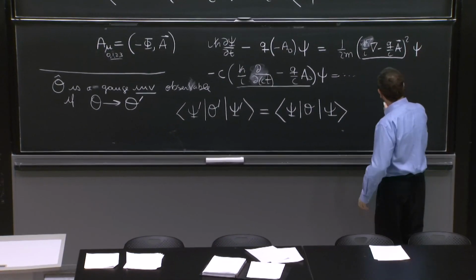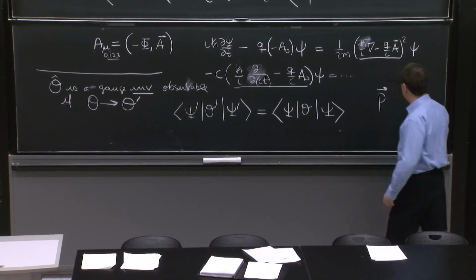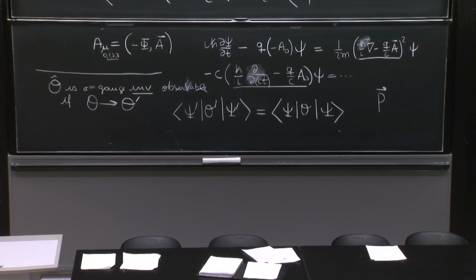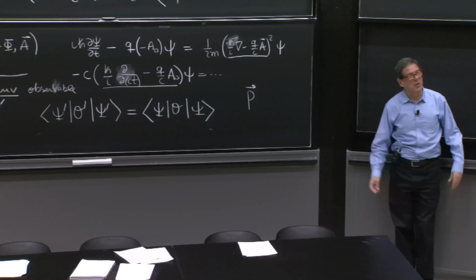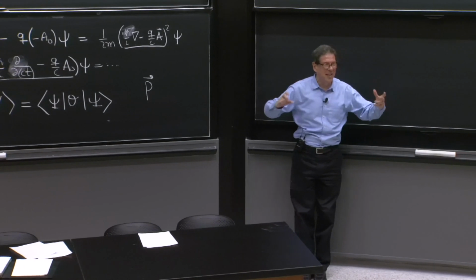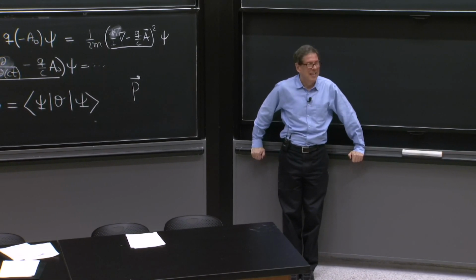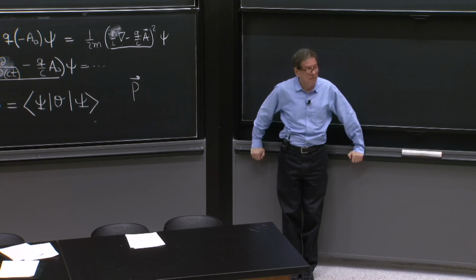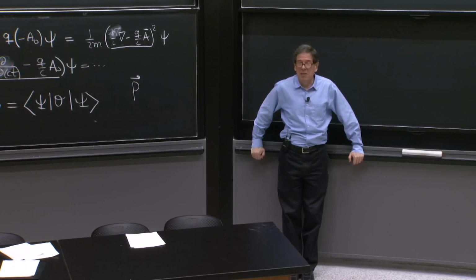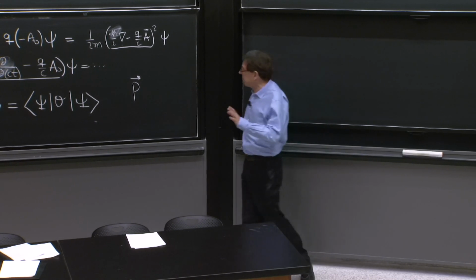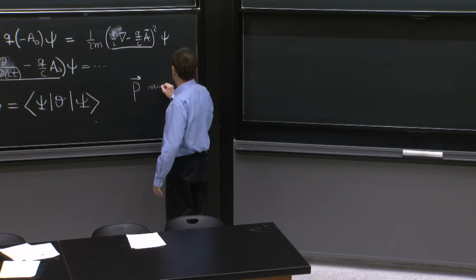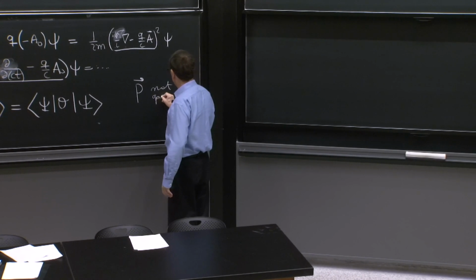You will see that this operator, P, the momentum operator that you have found intuitive so far, is not gauge invariant. You cannot compute the expectation value of it and expect something physical.